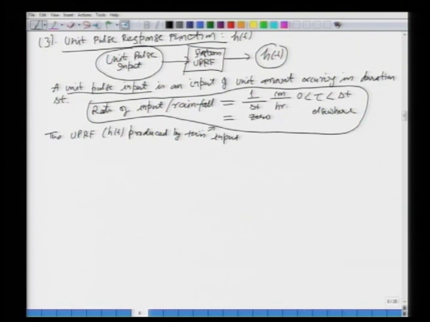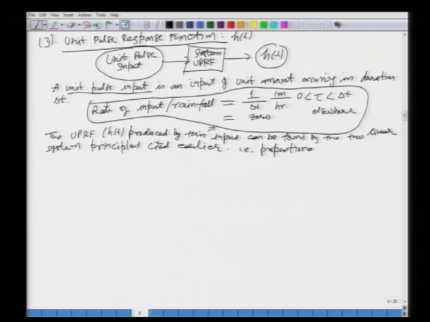This one, which we have just defined, all right, can be found or described by the two linear system principles, all right, cited earlier, okay. That is proportionality and superposition.